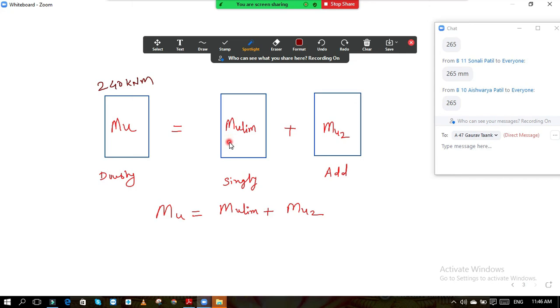If I find out the value of Mu limiting, or I can find out the value of Mu2, then from here, म्हणजे जर मी Mu limiting ची व्हॅल्यू जर मला मिळाली तर मला Mu2 ची व्हॅल्यू सहज काढता येईल, किंवा Mu2 ची जर व्हॅल्यू मला काढता आली तर मला Mu limiting ची व्हॅल्यू काढता येईल. ओके, कारण की आपल्याला टोटल व्हॅल्यू माहिती आहे 240. So we can easily calculate the value of Mu limiting by using the formula of moment of resistance. Okay, so now how we are going to calculate, let us see over here.